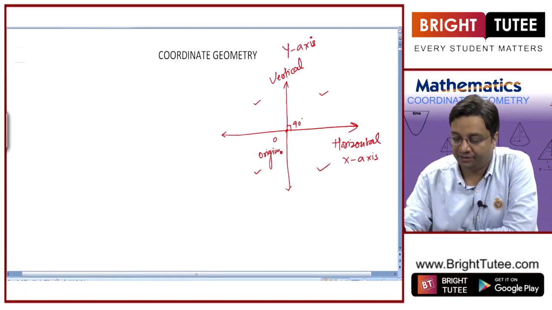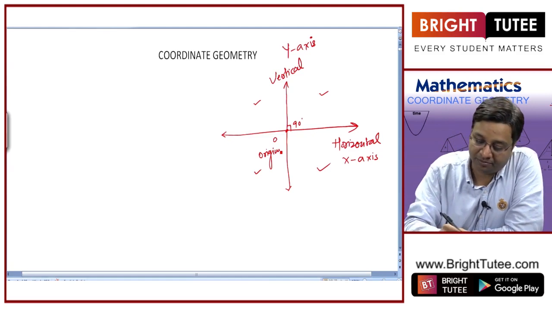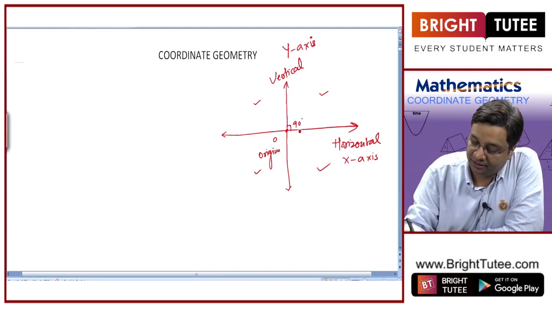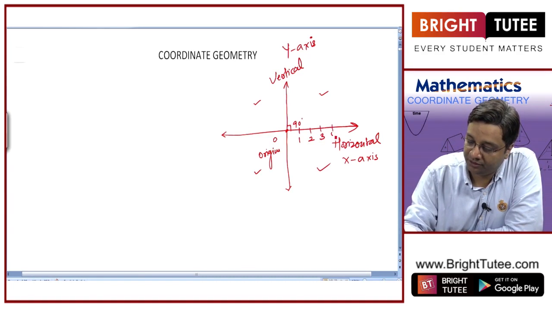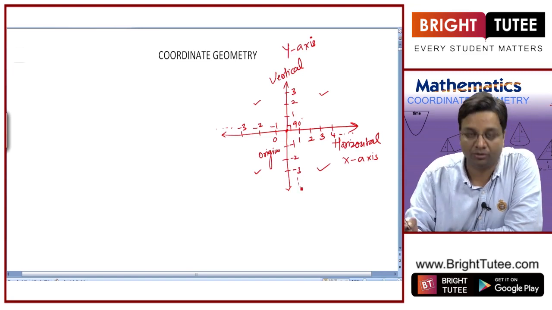And the coordinates, what are the coordinates? For example, let's mark these points here 1, 2, 3, 4 and so on, and this is the negative side of x-axis, -1, -2, -3 and so on. This is the positive side of y-axis, 1, 2, 3, -1, -2, -3 and so on.